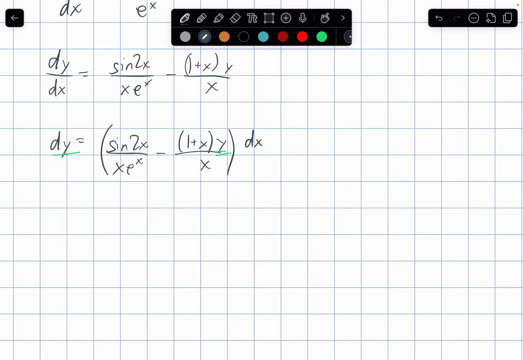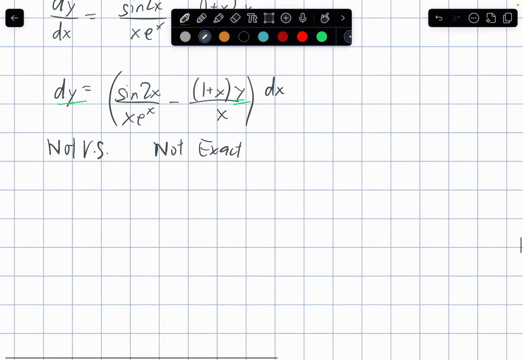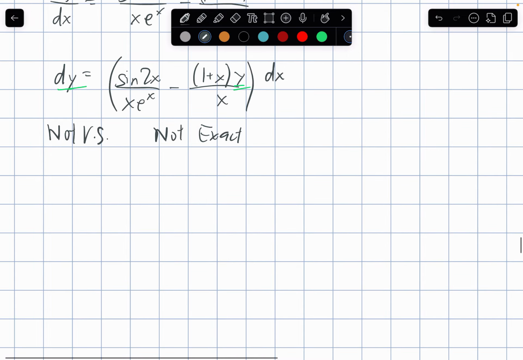Okay? But before that, you want to know if it's variable separable? I don't think so. It's not likely. Is it exact? No, I don't think so either. From what I observed so far, when a first order differential equation is solvable by exact, it looks different compared to what we've been seeing so far.